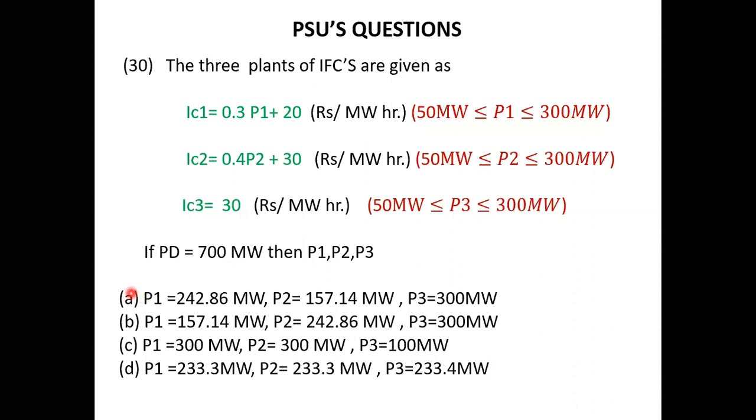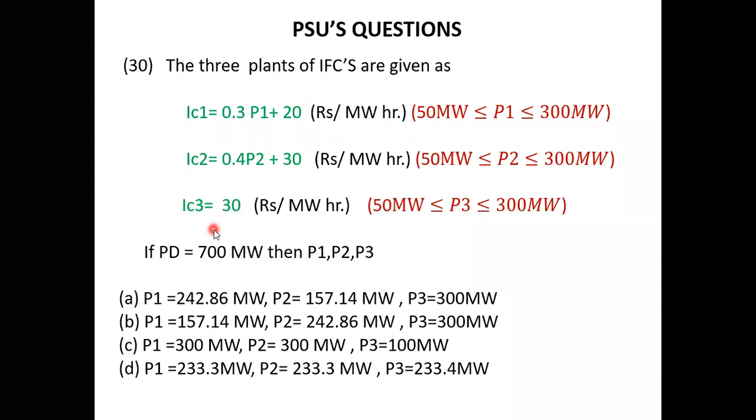But out of these 4 options, how to pick up the correct answer is by using your given data. When you see the incremental fuel cost, then we can pick up the correct answer.